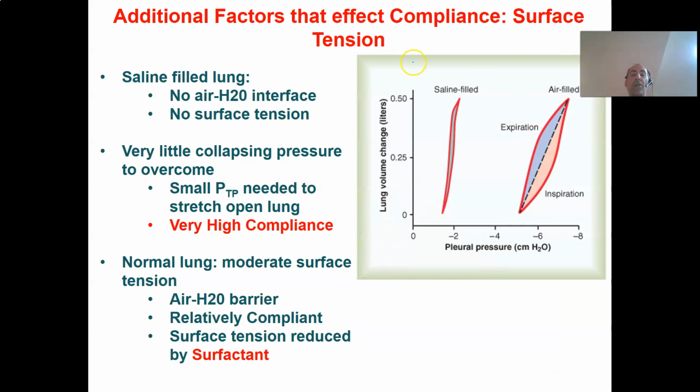Okay, so what ends up happening here? You want as much compliance as you can get without having a disease like emphysema or chronic bronchitis. You're not going to have a water-filled lung, because if you have a water-filled lung, you can't breathe. You're not a fish, right? You don't have gills.